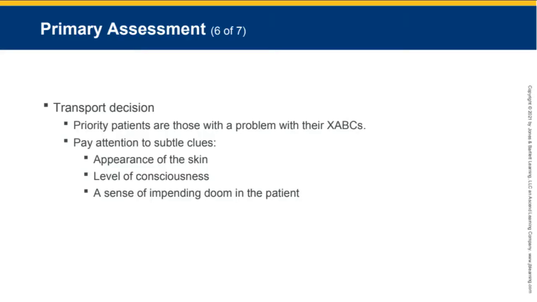If it's present and you can't stabilize it in the field, it's a load and go patient. Pay attention to subtle clues. How does the skin appear to you? What is the patient's level of responsiveness? Is there a sense of impending doom in the patient? Does the patient tell you that they don't feel like they're going to make it? Very important.